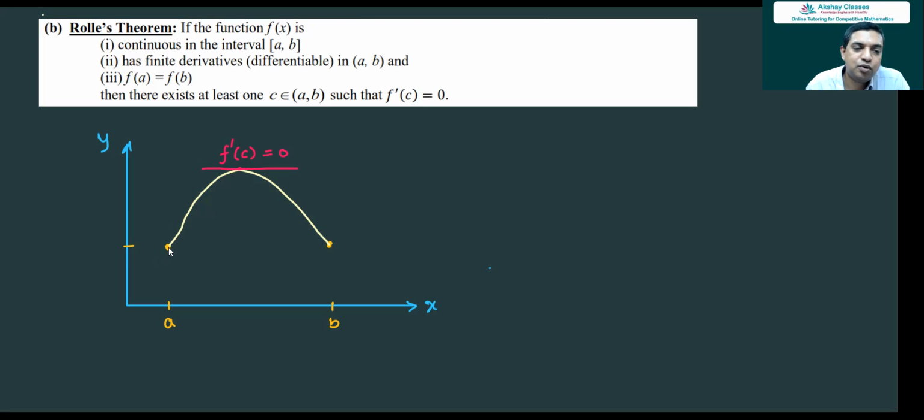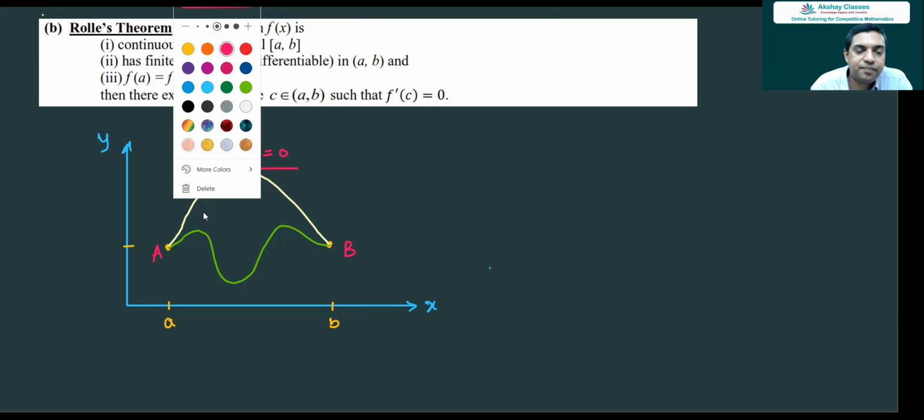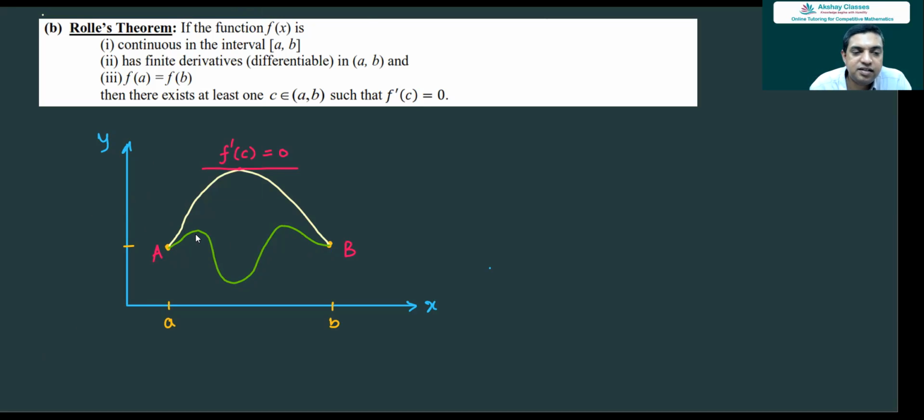Let us look at this one. I have to join these points. Let me call these A and B. I have to join these points A and B with a smooth curve. And here I have drawn a curve like this.